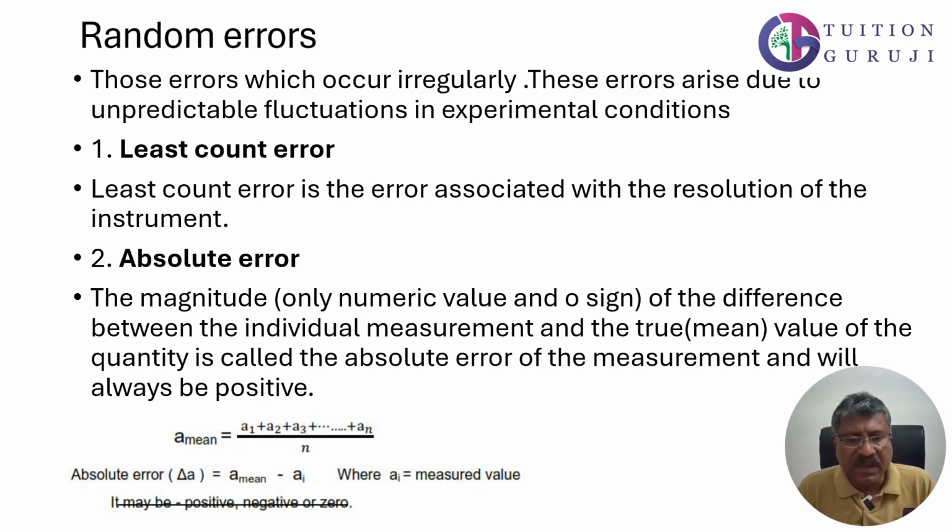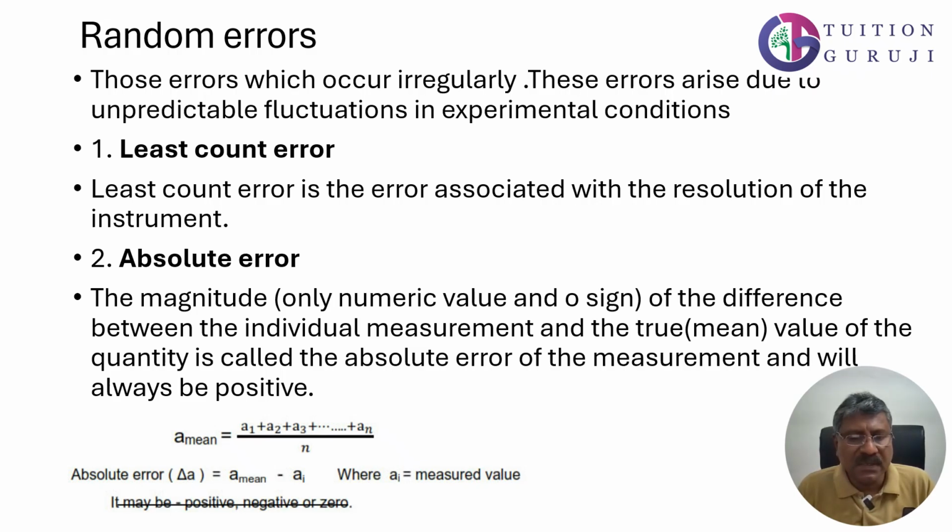Mean value: when you are doing the same experiment multiple times, then the mean of the value is equal to adding all the values together and dividing by the number of experiments.